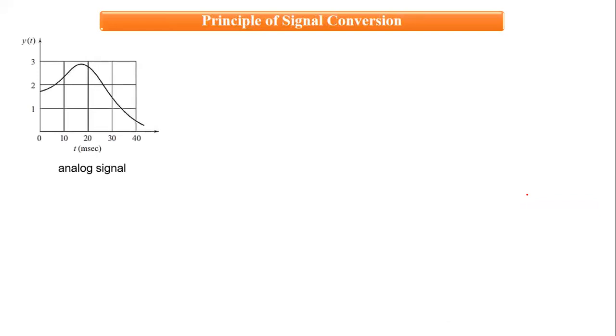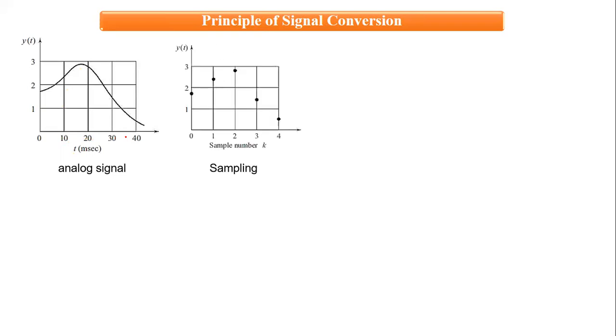Now in this slide we will discuss the operation of an A to D converter. As mentioned earlier, an A to D converter samples an analog signal. First of all, let us consider an analog signal as shown in this diagram. The first process done by an A to D converter is sampling.